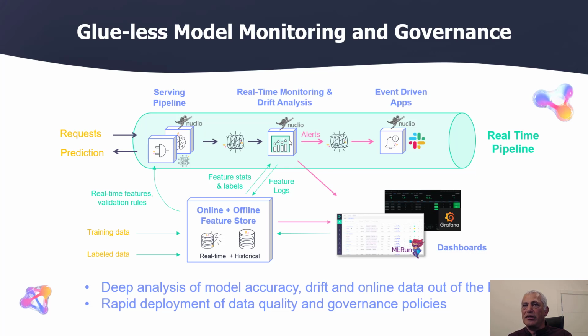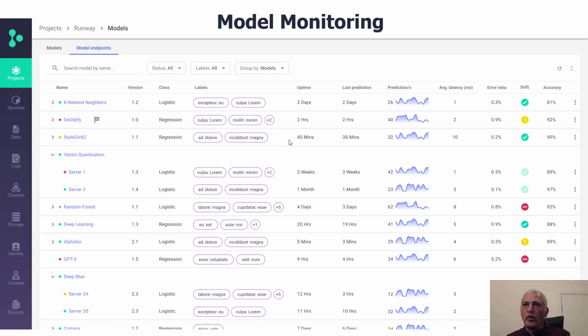So you can actually see that information in Grafana or in the built-in MLRun dashboard UI. Just as an example, this is a screen in MLRun, which again is open source, but also fully managed on the Iguazio platform, that shows the different models and the different deployments for every model, and the performance, the statistics, the drift, the errors, and so on for every model.